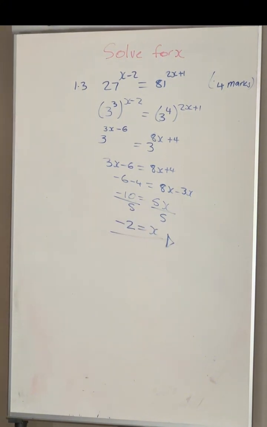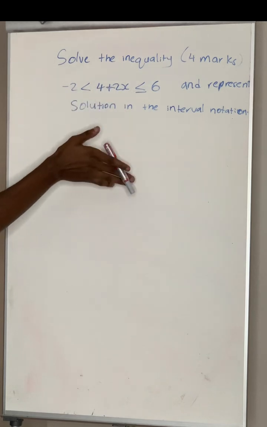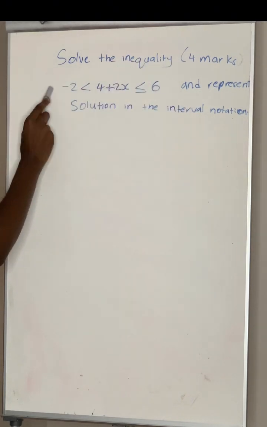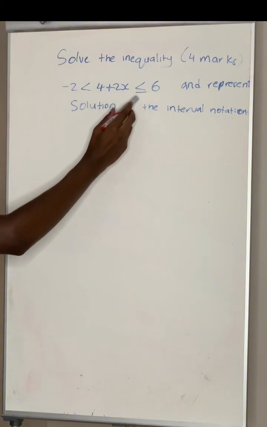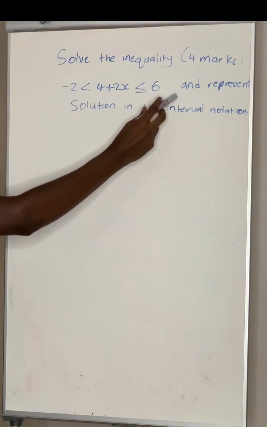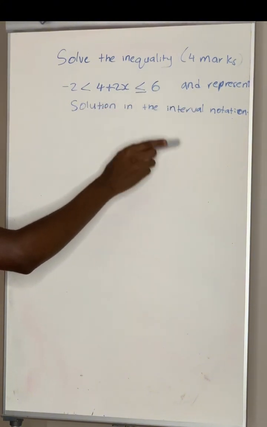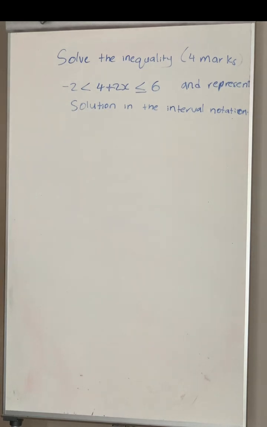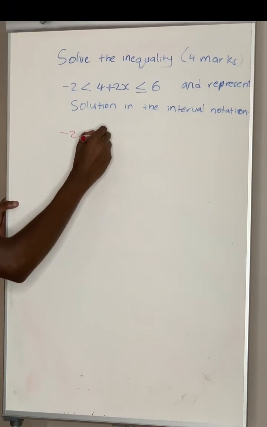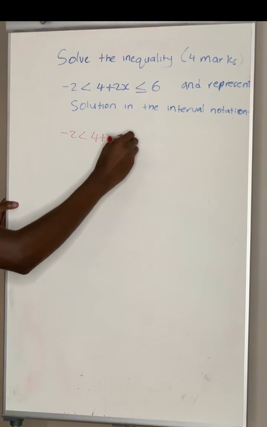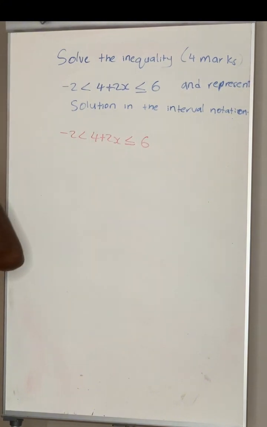Not that difficult. So together, let's solve the inequality for 4 marks. Negative 2 is less than 4 plus 2x is less than or equal to 6, and represent the solution in interval notation. So we have negative 2 is less than 4 plus 2x is less than or equal to 6.